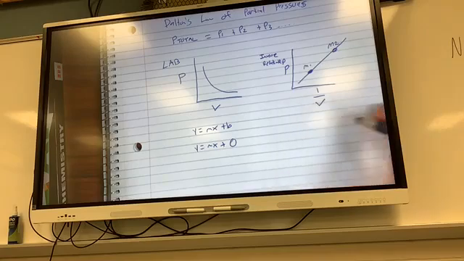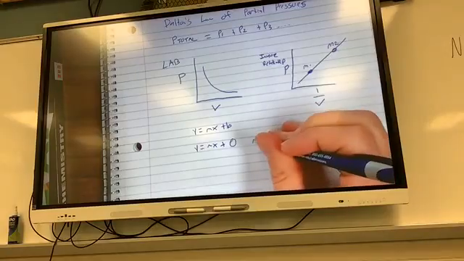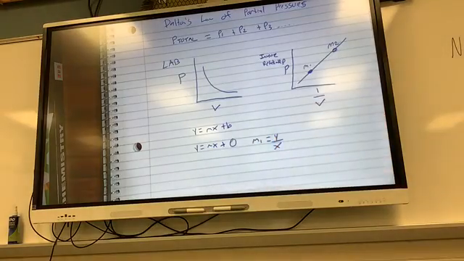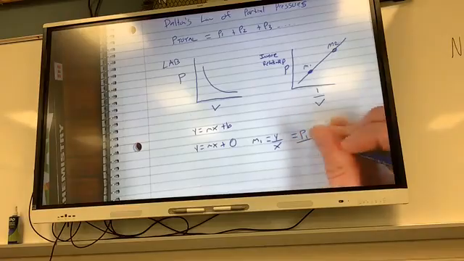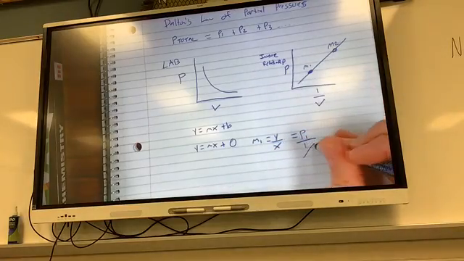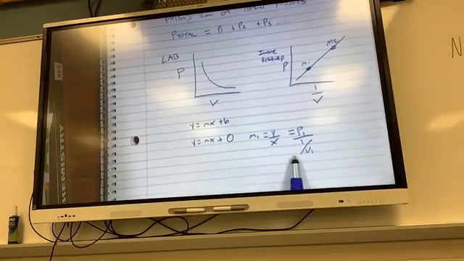So if I solve for m1, m1 would equal y over x. Agreed? Are you with me so far? Basic algebra. Which would equal P1 over 1 over V1. Are you guys okay with what I just did there?